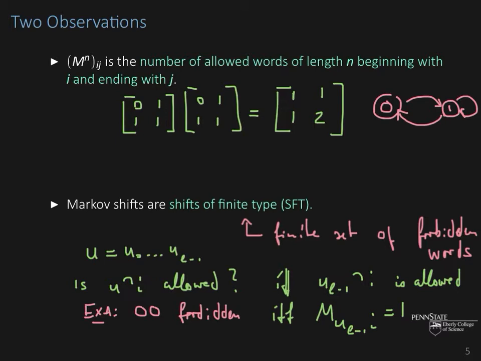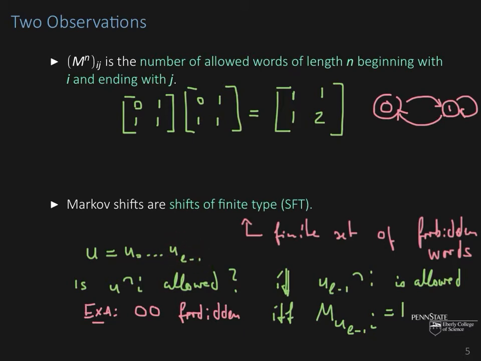So you can think of these topological Markov shifts as systems that have exactly one-step memory, right? So whether you can extend by some element from the alphabet depends only on what you've seen just immediately before that, the last entry here.